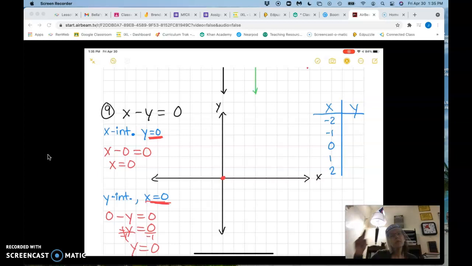So we're going to have to go into our xy table, plug in these values for x, and see what y equals. So if I plug in a -2 for x, I get -2 minus y equals 0, and then I have to solve. So I'm going to add 2 to both sides.